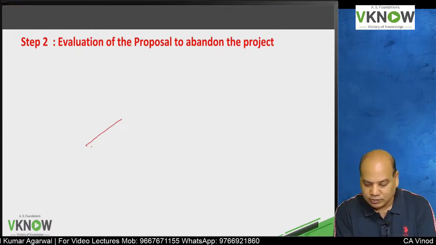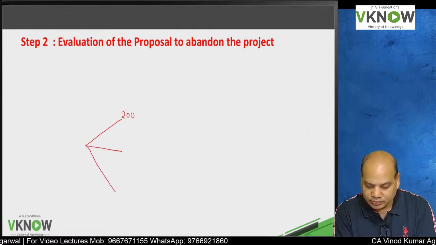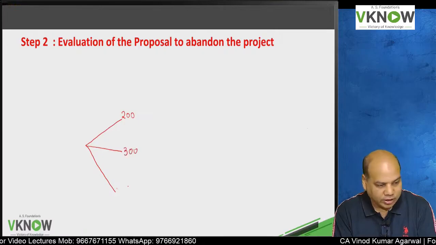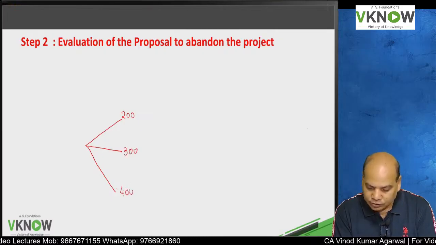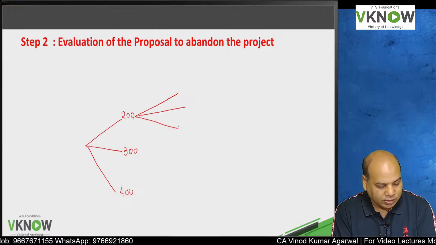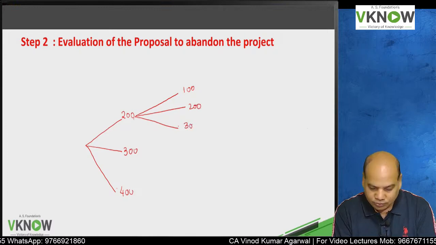At the end of year 1, there are 3 possibilities. Either you will get 200 or 300 or 400. If you get 200, then there are only 3 possibilities: you may get 100 or 200 or 300.